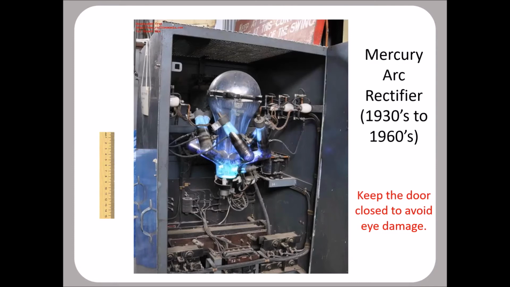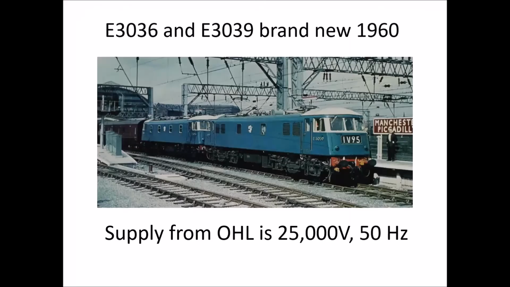But when British Rail decided to electrify the system, the company I was at, which was GEC, where I was a student apprentice, put these rectifiers in these locos. These were brand new in 1960 on the west coast line, with a transformer inside to drop the voltage down, and then rectify the AC to drive the traction motors.